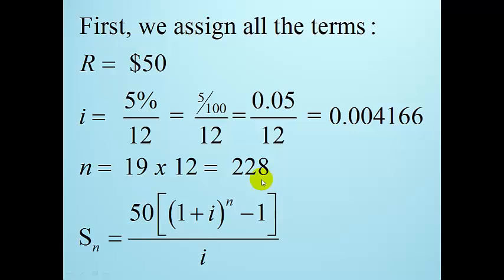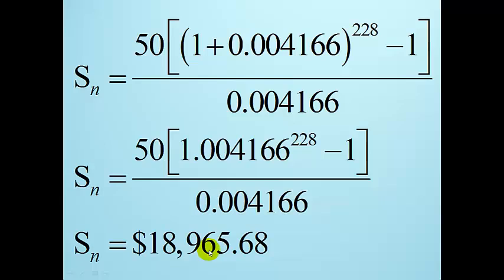So by substitution, we have Sn equals 50 into bracket (1 plus i) exponent n minus 1 divided by i. That is, Sn, the sum, is equal to 50 into bracket (1 plus 0.004166) exponent 228 minus 1, divided by 0.004166.